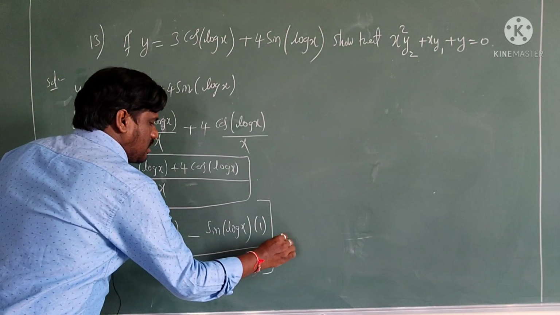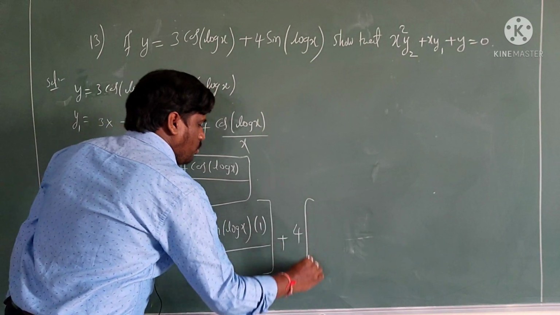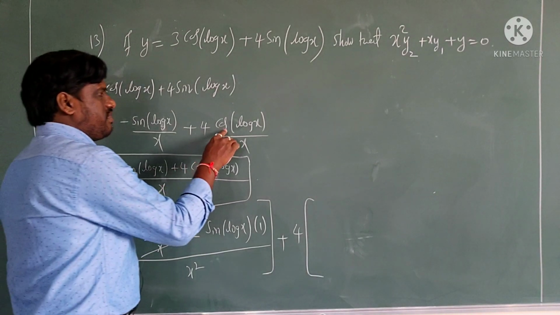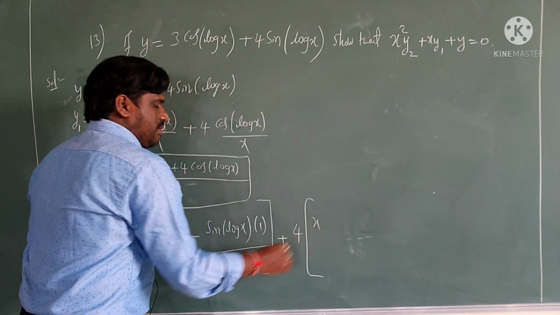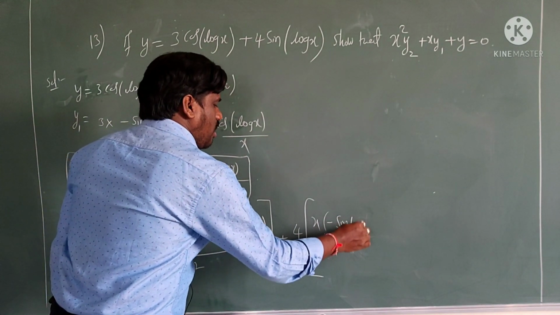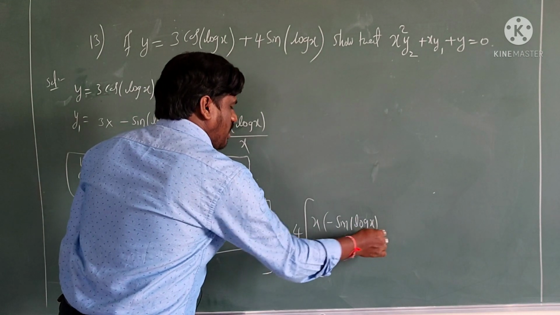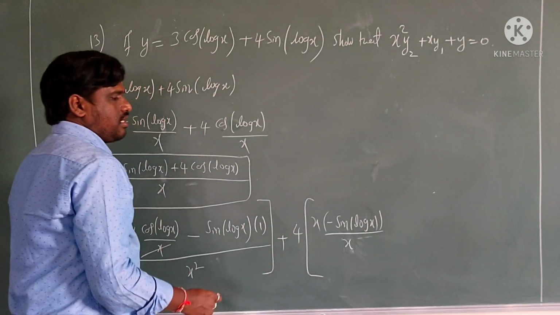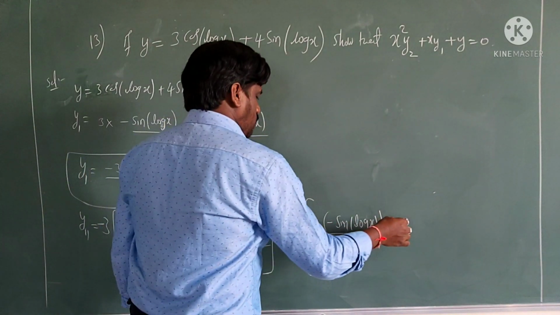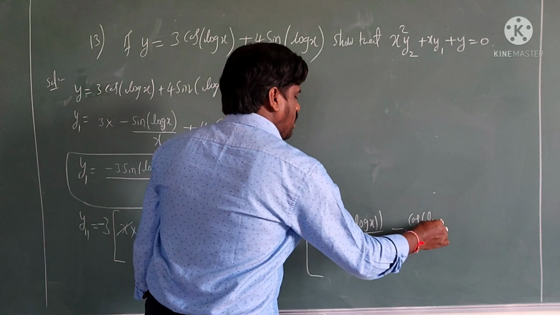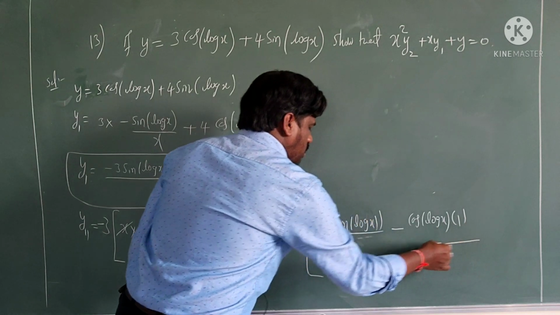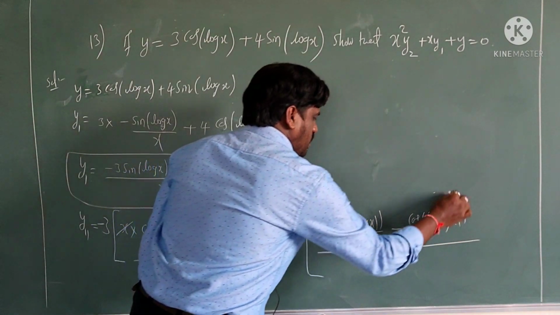So for the second part I add plus 4 into u by v. Listen to me carefully again, I am explaining again. According to u by v, I keep v the same, differentiation of cos is minus sin log x, and the differentiation of log x is 1 by x. Minus, I keep u the same, so cos log x, and the differentiation of x is 1, upon x squared.